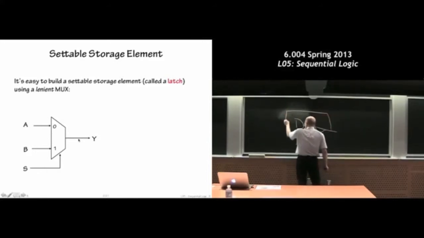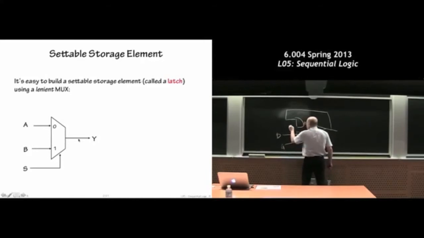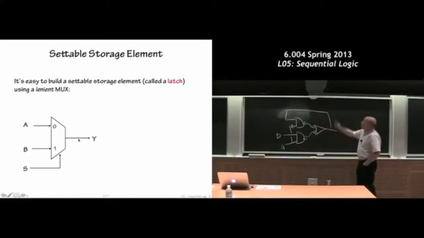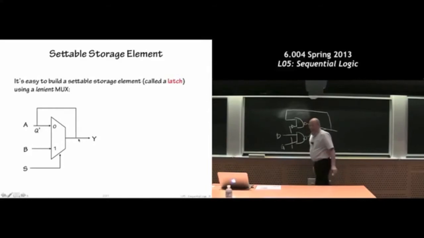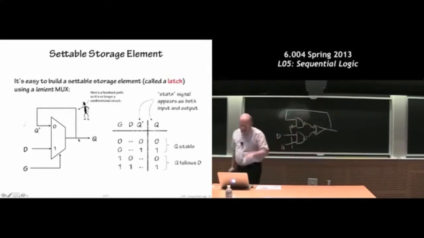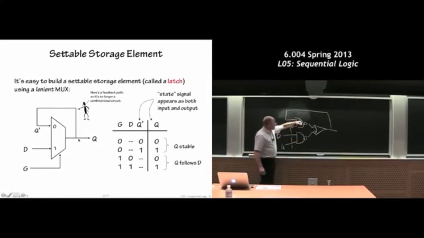I'm going to make this guy loop around. This will be the D input here. And then I have this so-called gate signal coming into this gate. And I'm going to come up here and put them through an inverter to that gate. So that's what that multiplexer circuit looks like. You can see that when G is 1, the behavior is, that means this gate is on, and if this is a 1 coming in here, so if we put a 1 here, that means this guy is a 0.